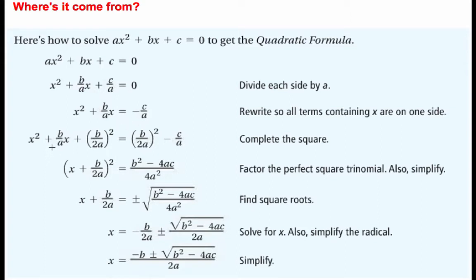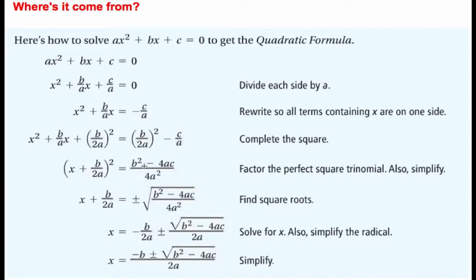Then we're going to complete the square, so we take the coefficient on x, divide it by 2, and square it, so that's where this comes from, and we add that to both sides. Once we do that, we can write the left side in factored form as a perfect square trinomial. On the right side, we combined like terms by getting a common denominator.